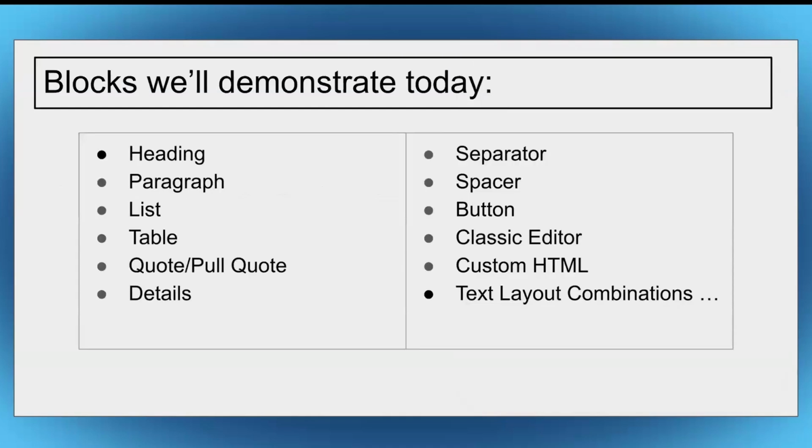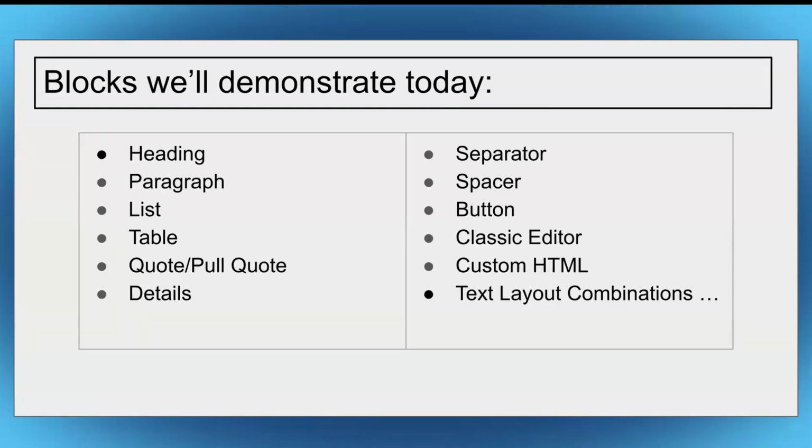So while you're checking things out, maybe dropping your answer to that 1 to 10 poll, what we're going to be doing today is going over, I know this list looks a little long, but these are all basically blocks that are aimed at handling text. So we've got our headings and paragraphs, which are your normal building blocks, your lists.